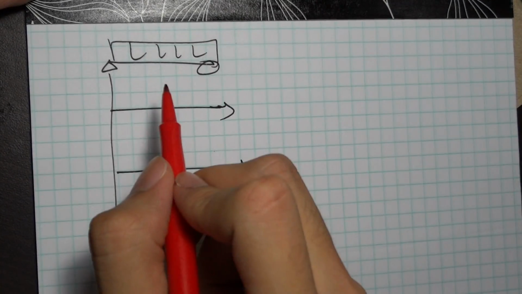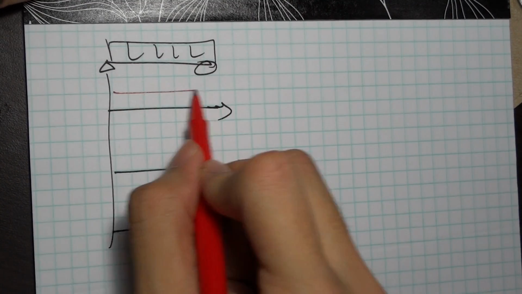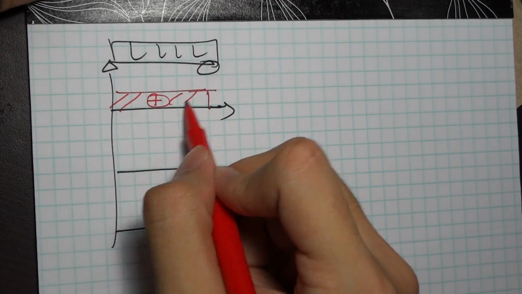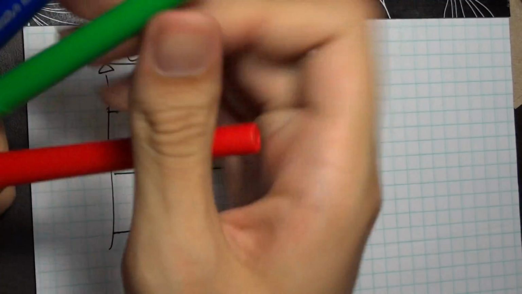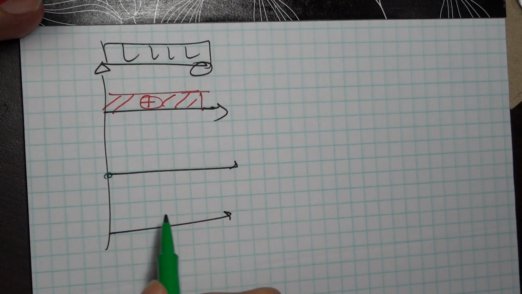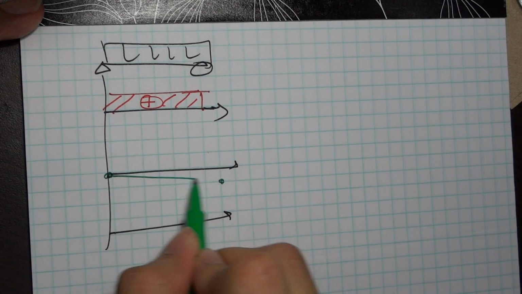Let's do this properly. Yeah, your axial force is equal to 1, positive. Your shear force is equal to -x, so you're 0 at the beginning, -1 at the end, so it's just linear.